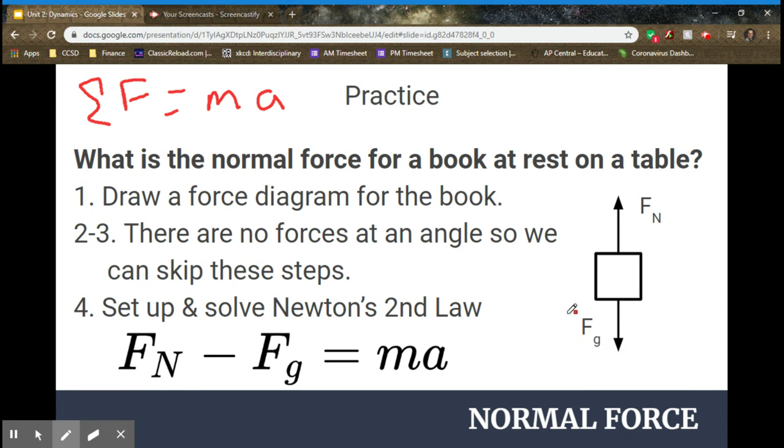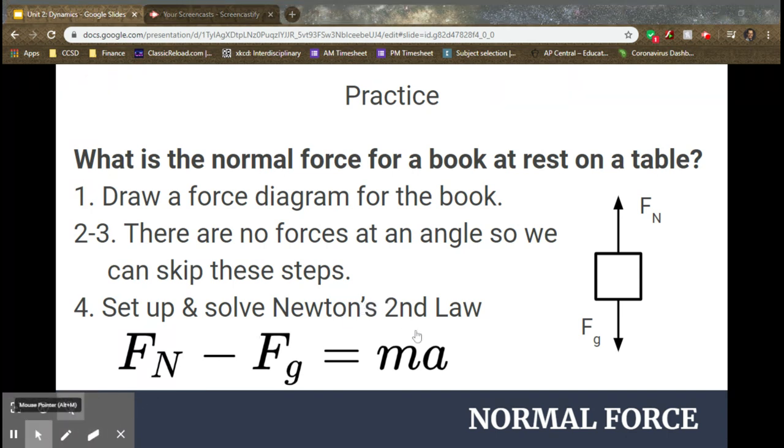Down, we usually treat as negative. Sometimes that changes. We'll go over that in the next example. But positive normal force, negative force of gravity. So that's what we have right here. Positive normal force, negative force of gravity. And those together will equal the mass times the acceleration.